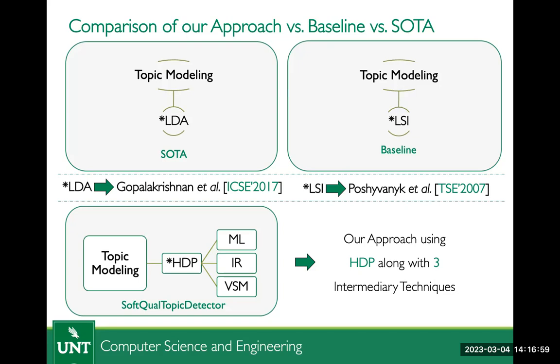And then comes our approach, where we are using as the main algorithm the HDP, the hierarchical Dirichlet process topic modeling. And in addition, we're also using intermediary techniques of machine learning, information retrieval, and VCM.